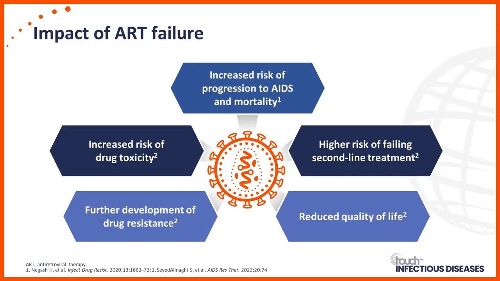And the reason, because we need to follow very accurately the patient, is because antiretroviral failure is associated with an increased risk of progression to AIDS and mortality, a reduced quality of life, and a higher risk of failing subsequent therapy, and also to further development of drug resistance.